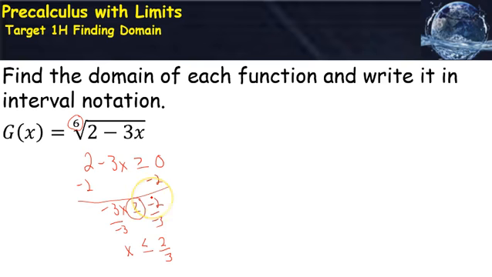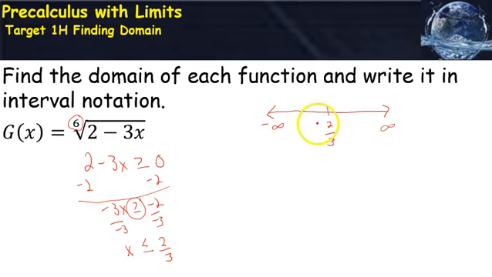So if I get this, I get at least a 4 on the problem. Okay, to get a 5, I actually have to put it in interval notation. To help facilitate that, I'm going to draw a number line. So here's 2/3. And this side of the number line is negative infinity, and this side is positive infinity.